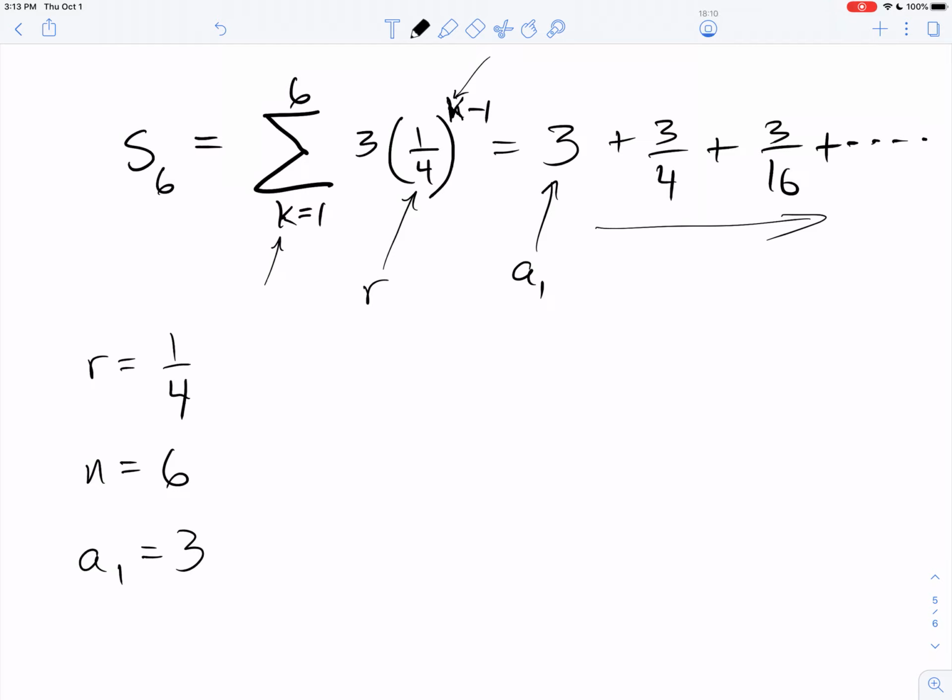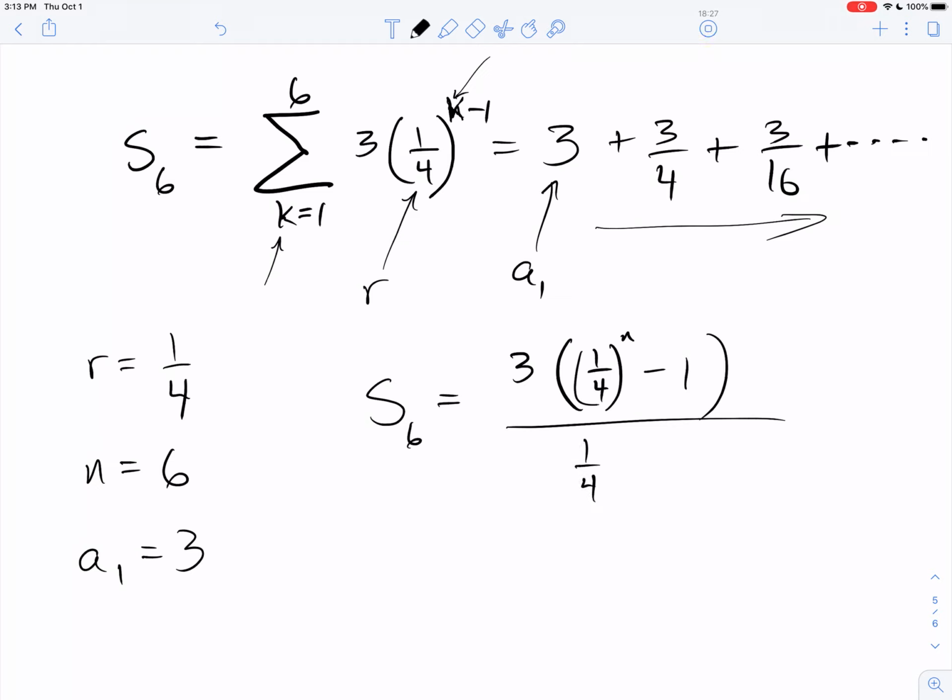Let's do it. I'm going to say, hey, I need to find out what the sixth partial sum is. So it's going to be A1 times R to the N minus 1 all over R minus 1. And please take my advice here.